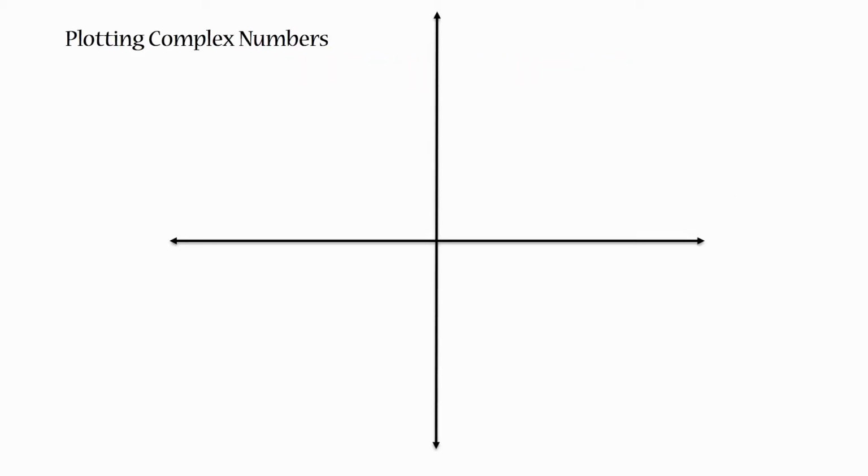Another way to think of complex numbers is as points where your axes are, let's say the x-axis is the real axis and the y-axis is the imaginary axis. Then any point, right, let's say, got some hash marks here, this point right here is going to be 2 plus 3i, right?